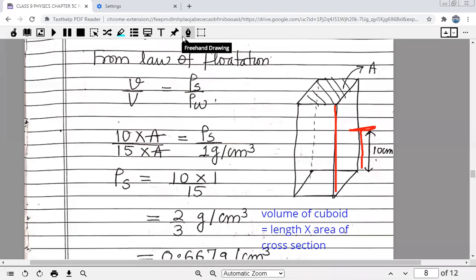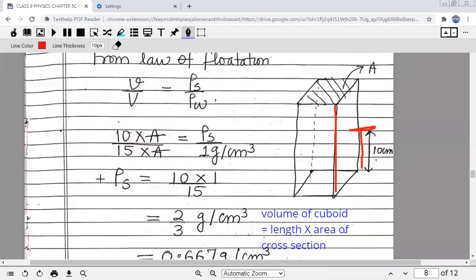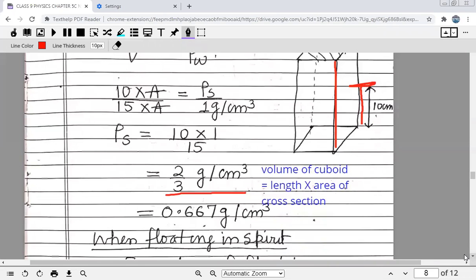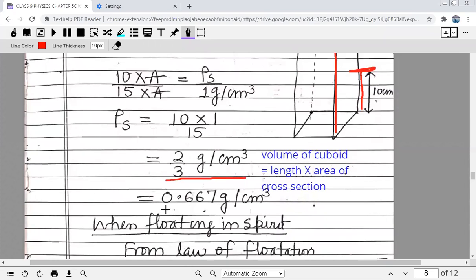It is 1 gram per centimeter cube. So when you simplify, you will get the density of the solid. It is 2 by 3 gram per centimeter cube, that is 0.667.